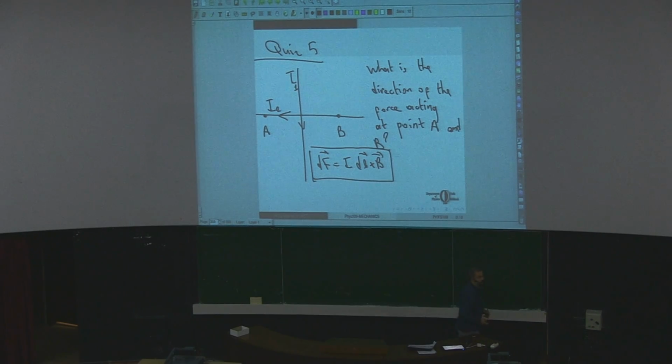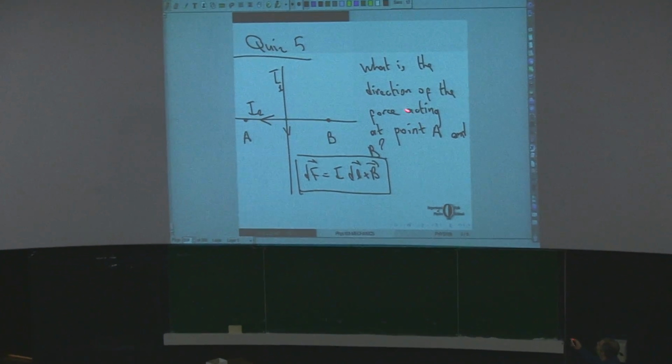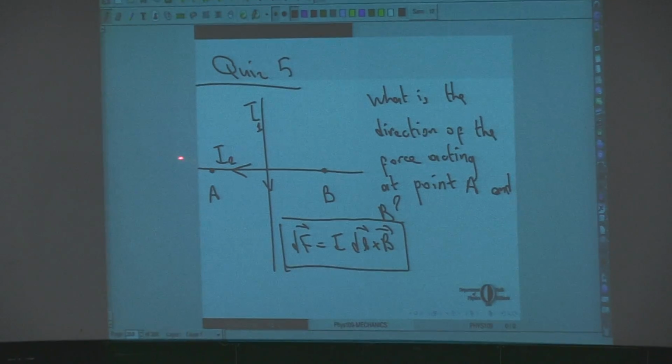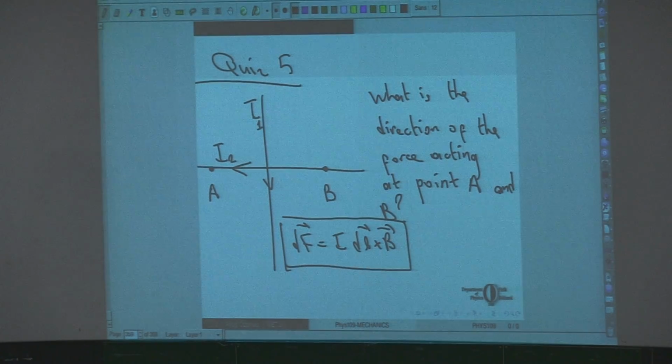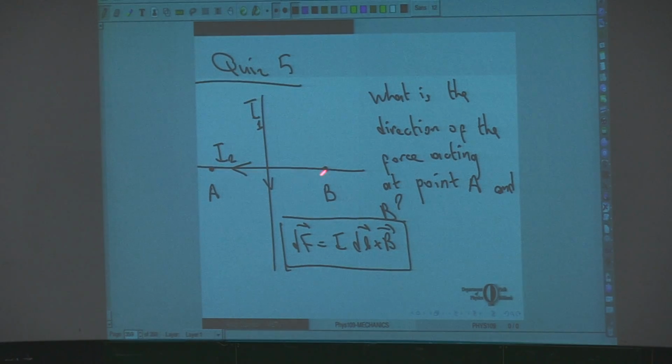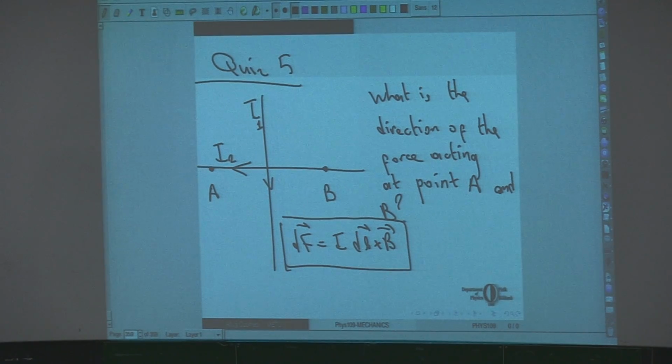You have these two wires, they are not parallel to each other, they are perpendicular to each other. So I'm asking for the direction of the force acting at the point A and acting at the point B. I'm not asking for the net force. Just imagine a small segment over here. What's the direction of the force acting there and acting here?